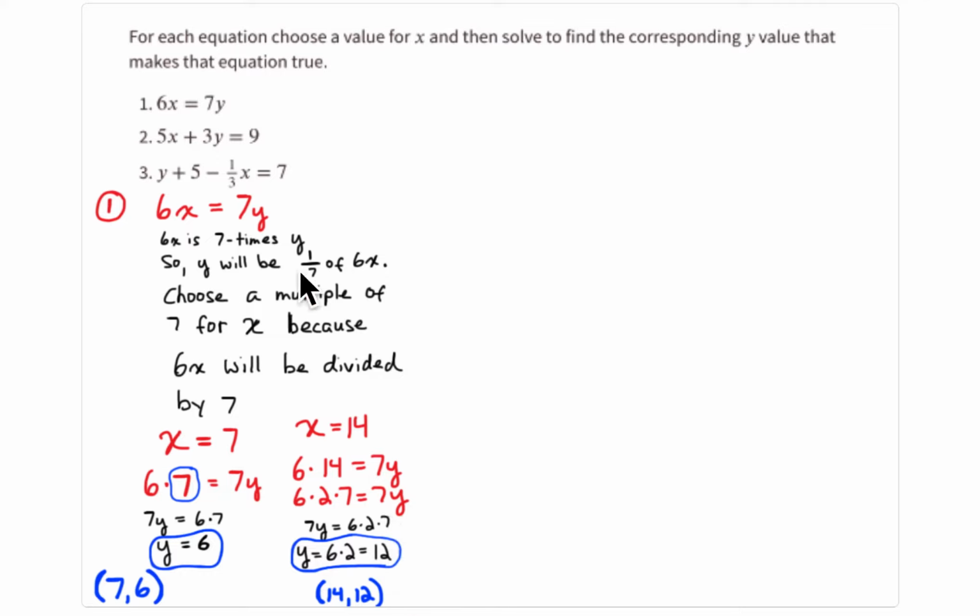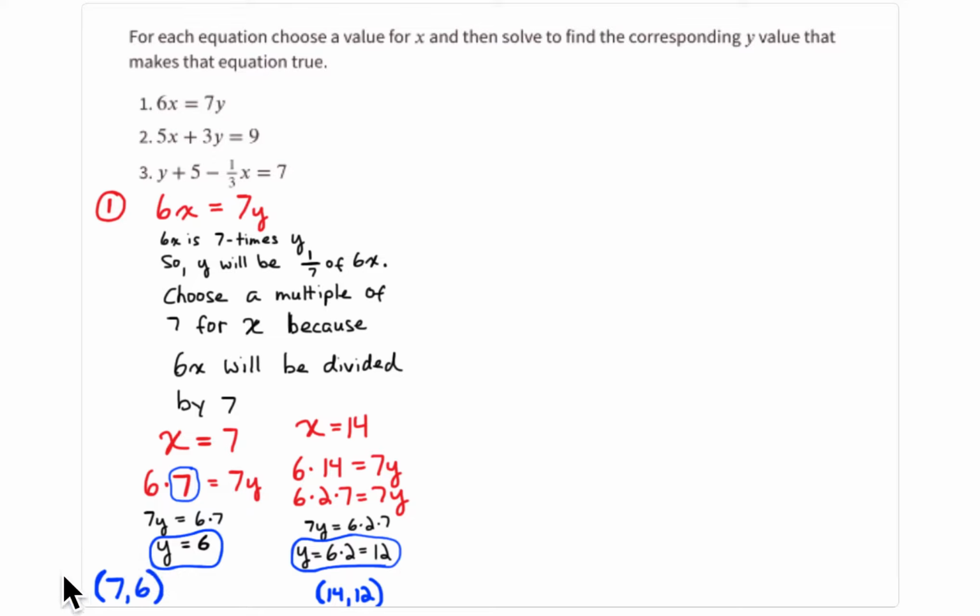Now this is a proportional relationship because you can get this to y equals kx, some value times x. If I double the x coordinate from 7 to 14, then the y coordinate is also going to double from 6 to 12, because it is a proportional relationship.